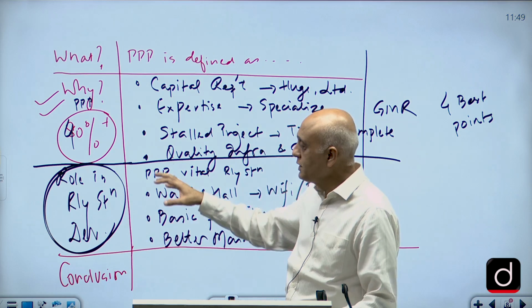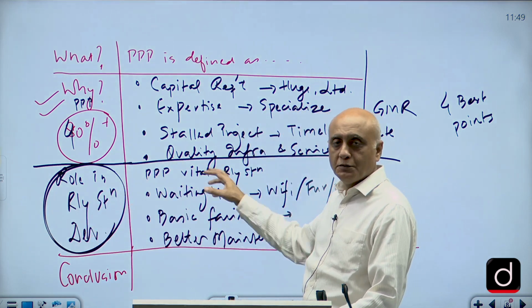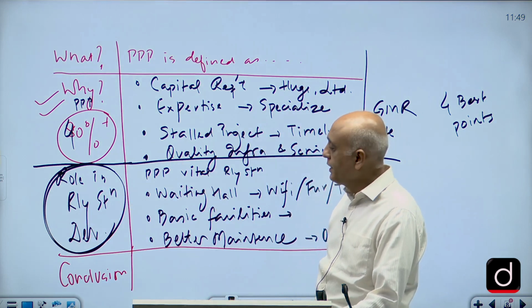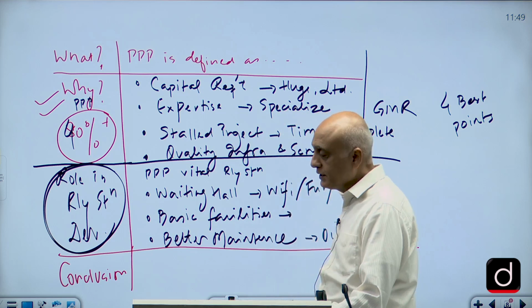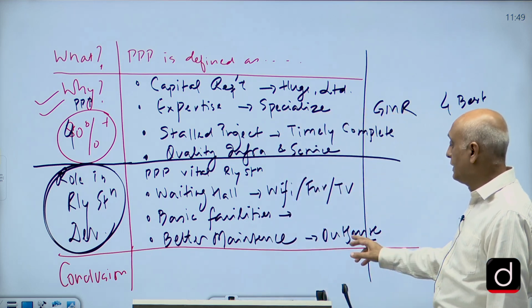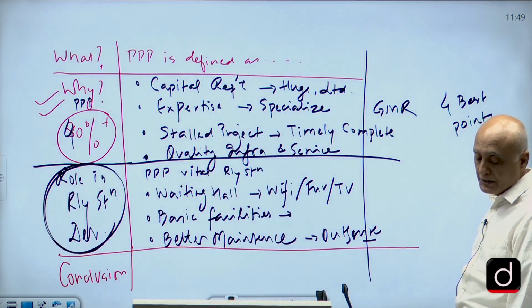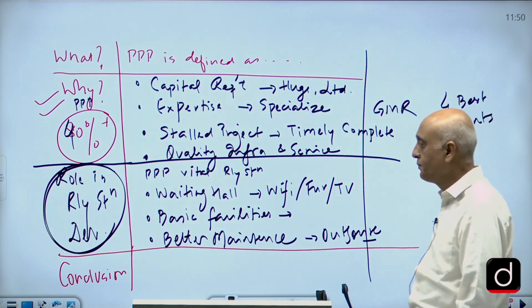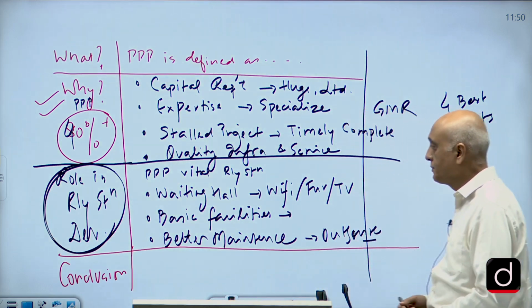Some third party, a PPP company, is managing the platforms and the railway station building, and services like food and other things at railway stations can be better managed through an outsourced service company. So there will be a super specialization which can be created like that. So this is how the second part of the question can be answered.